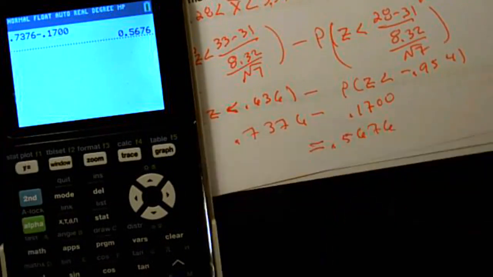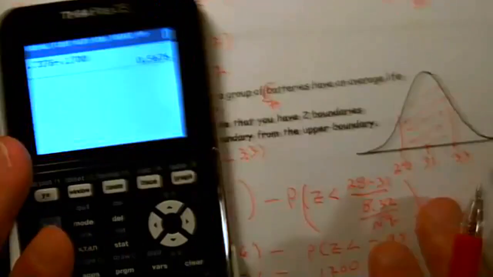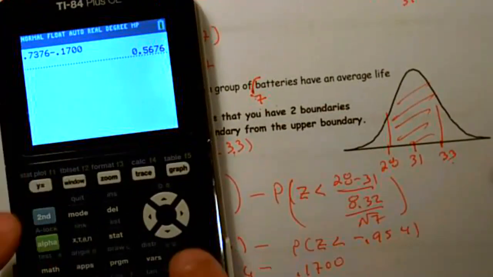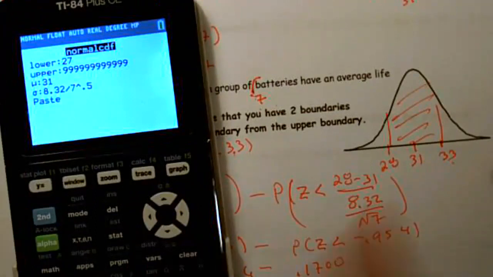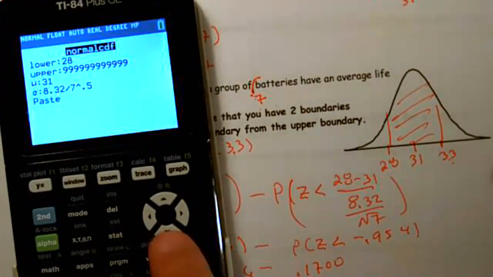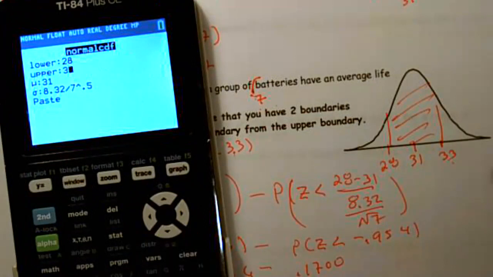Now this also could have been done with a normal CDF, so I'm going to do that really quickly. I'm not going to write anything down, but I'm going to show you how to do it if that's the way you prefer. So second vars, normal CDF. My lower bound in this case is 28. My upper bound is 33.